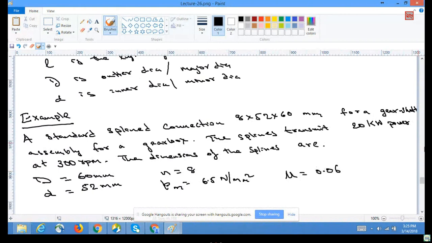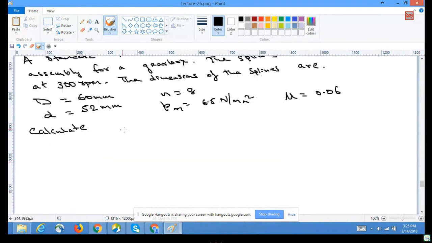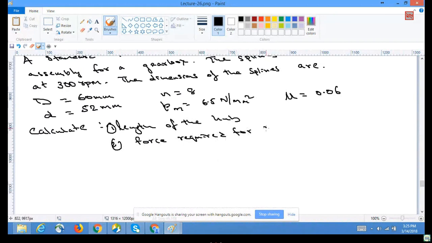Now we need to calculate the length of the hub and the force required for shifting the gear.